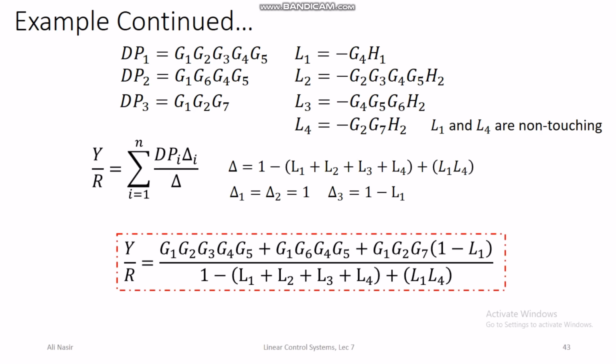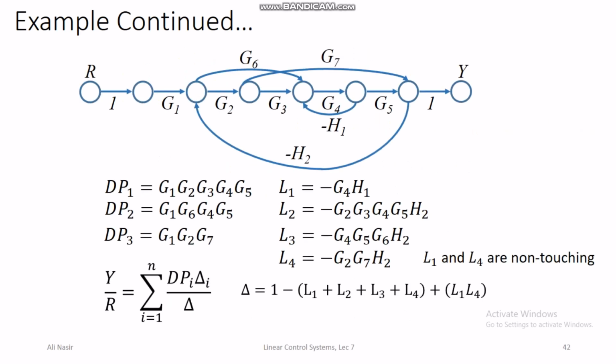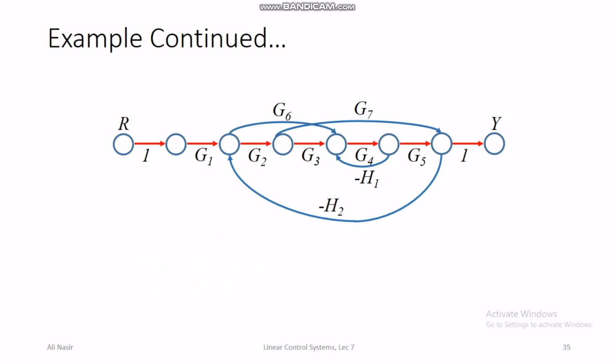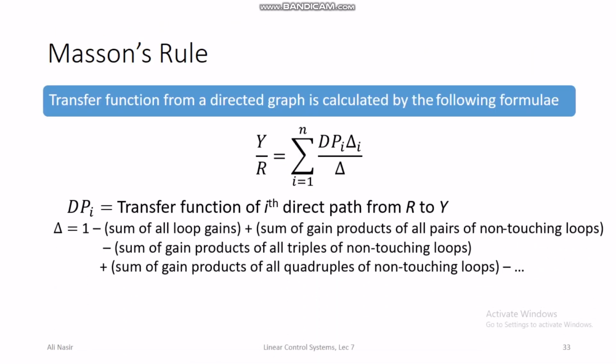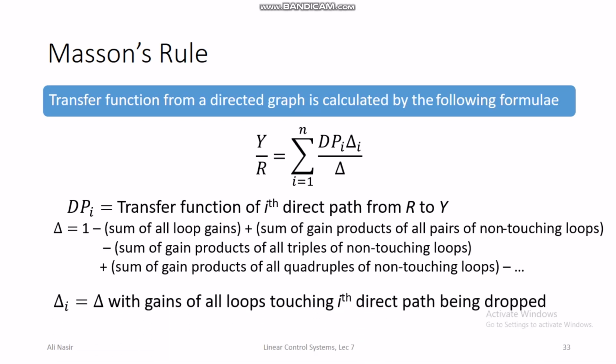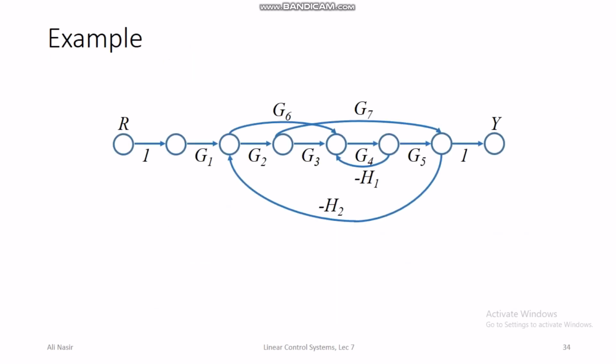So just quickly going through this example once again. Mason's rule is direct paths times deltas divided by the common delta, and then there are definitions of delta and delta i.